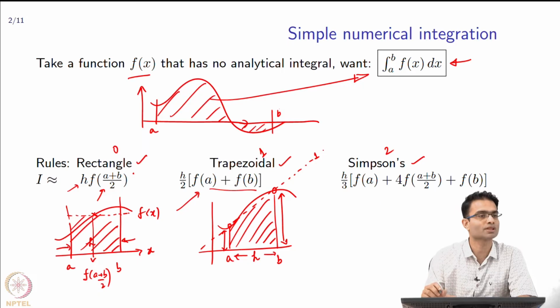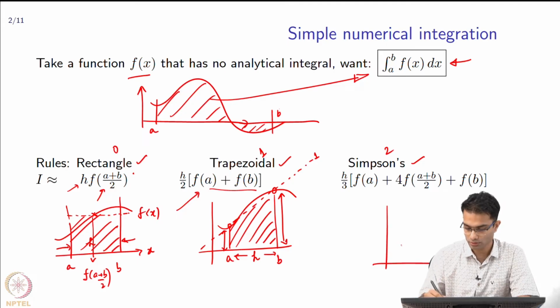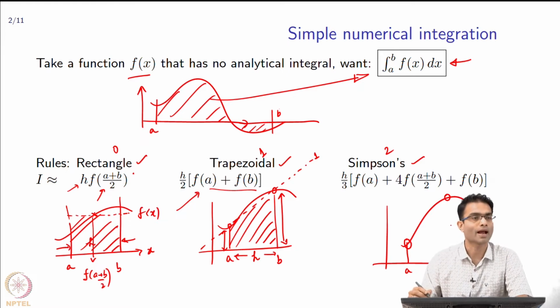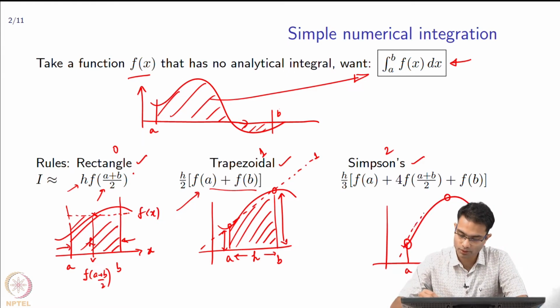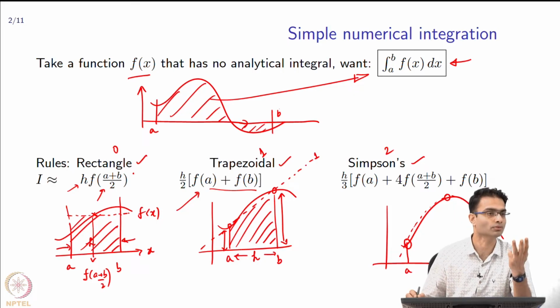So, it stands to reason the next step to take is, let us fit a parabola through this function. Let us say this is my a, this is my b. I can take some 3 points like this over here, and what this rule will try to do is fit a parabola through these 3 points, because I need 3 points to uniquely specify a parabola.